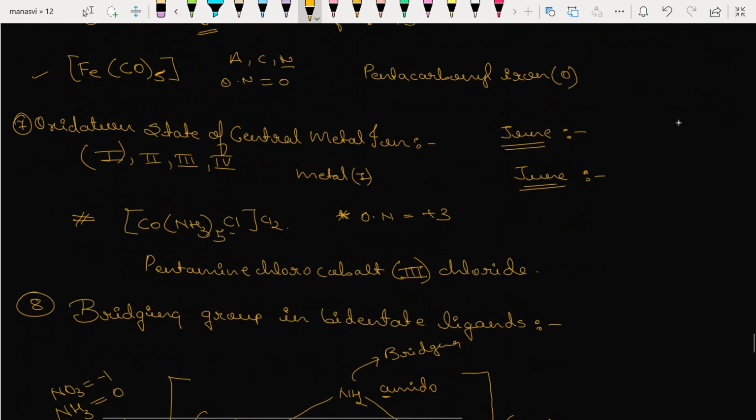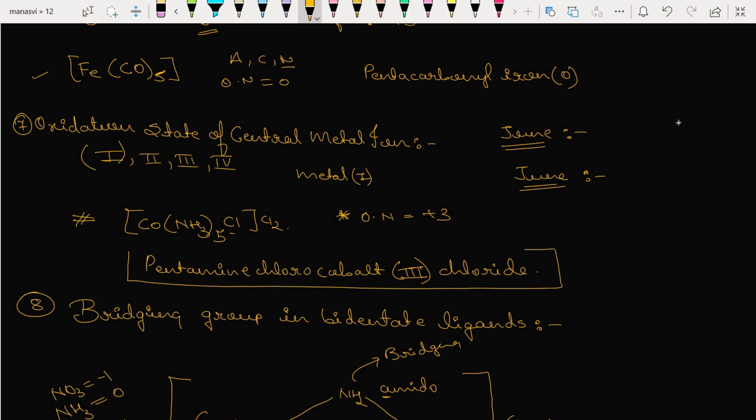Seventh point, oxidation state of the central metal ion. The oxidation state of a central metal ion is written immediately after writing the metal name, whether in a Latin name or a simple name, without any separation or gap. Now remember another thing, a gap is only given between a cationic and an anionic ligand.